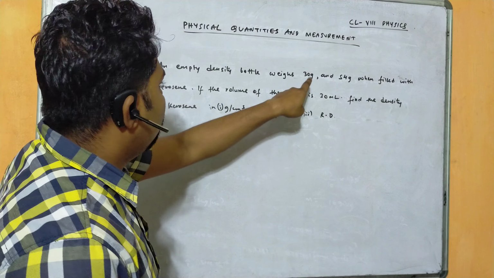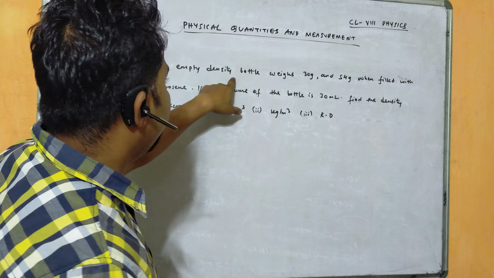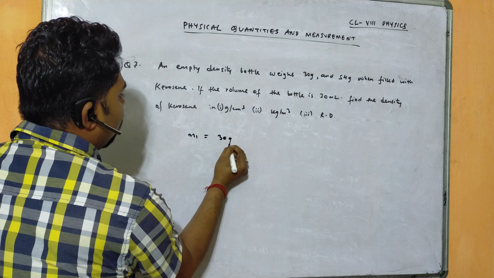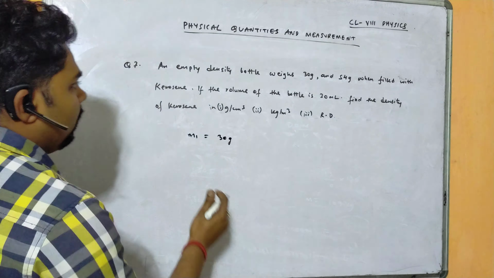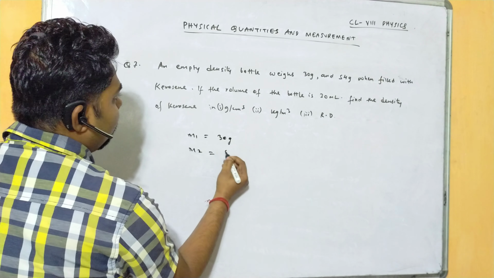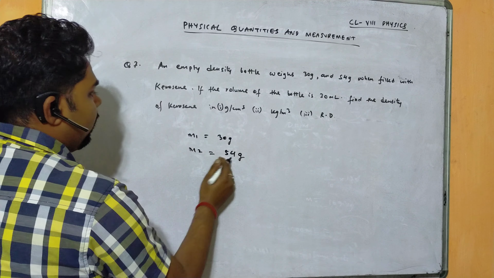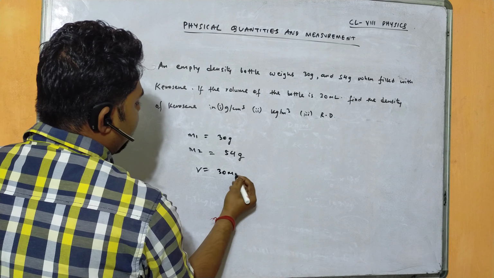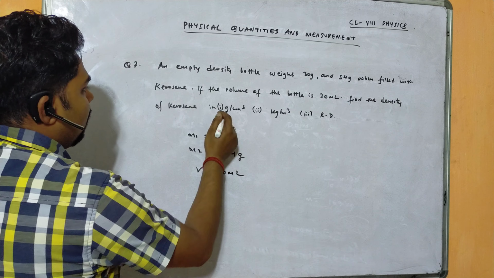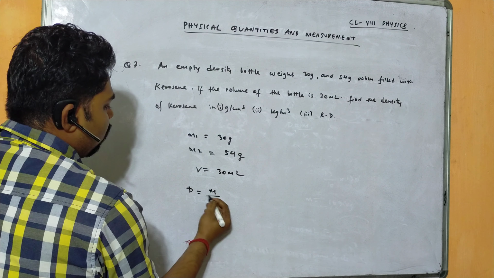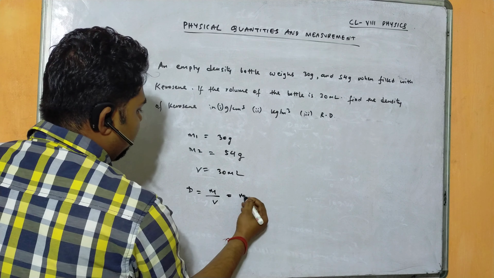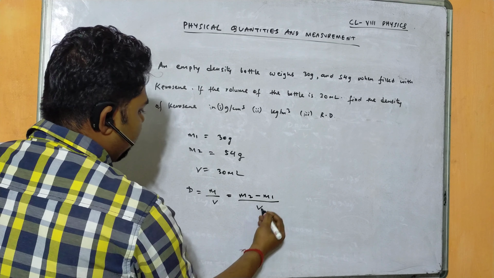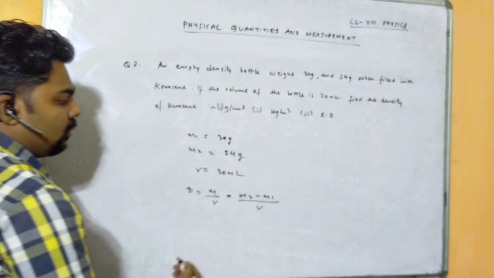So first we will note down what is given in the question. An empty density bottle weighs 30 gram. That means mass 1 is given, 30 gram. Okay, M1 means empty bottle. M2, that is 54 gram, right, when filled with kerosene. And the volume is 30 milliliter. Okay, so first we have to find density. Density is equal to mass by volume. So mass will be M2 minus M1 by V. This is the formula.